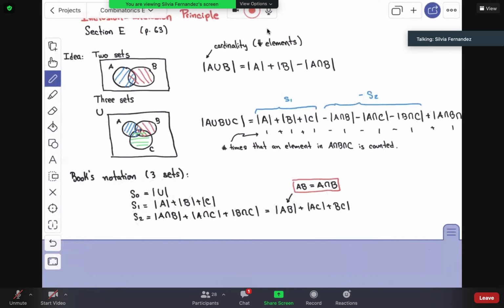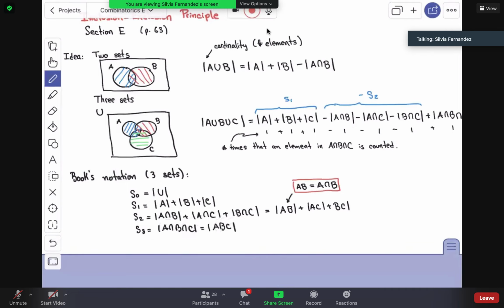And then S3 is a triple intersection, A intersection B intersection C. And again, to shorten what we write, the book writes ABC just for the intersection.